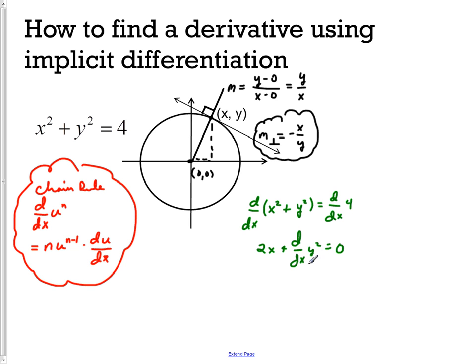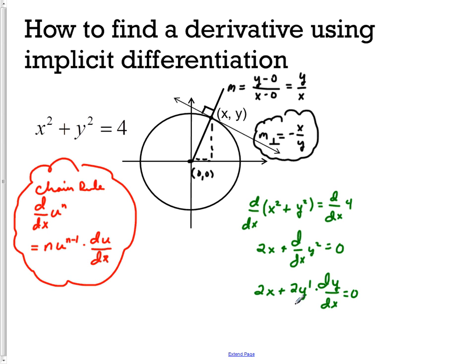So let's use our chain rule right here. If I take the derivative with respect to x of y squared, I treat y just like I would treat u. y is implied to be some function of x, so I can say it's 2x plus 2y to the first, subtracting 1 from the exponent, times the derivative of y with respect to x.